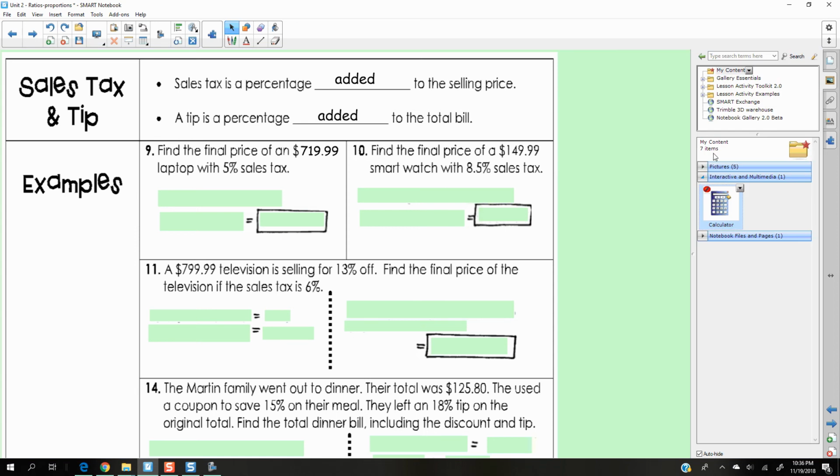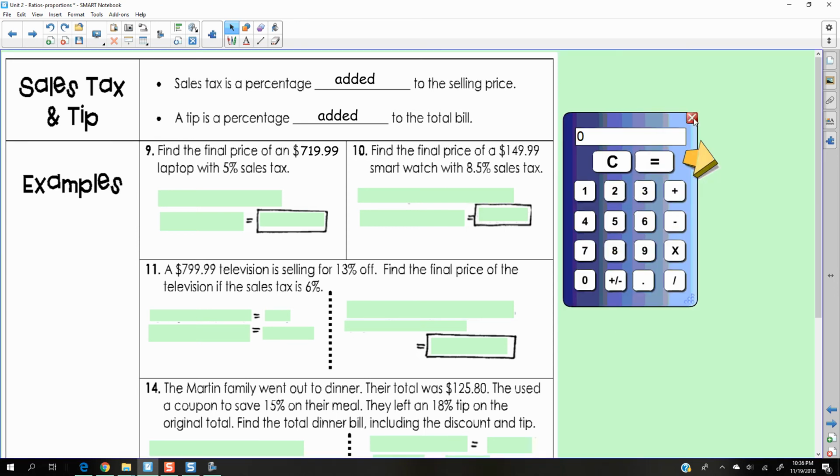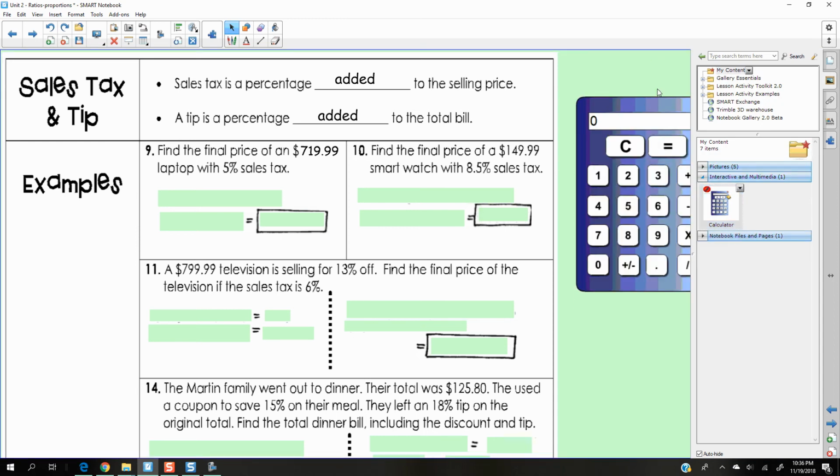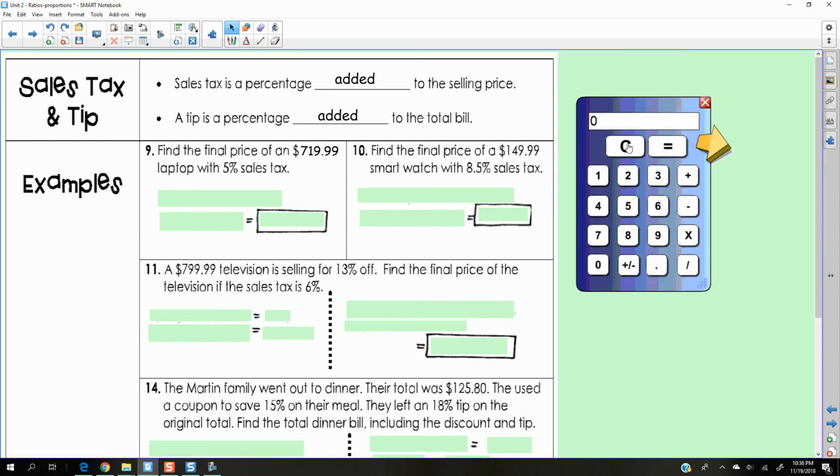So we take our calculator. I don't know why this calculator is not working right, but oh man. Let's see if it'll work right on this one. So we take the 719.99 and then we're going to multiply by 0. See, the decimal point didn't show up.